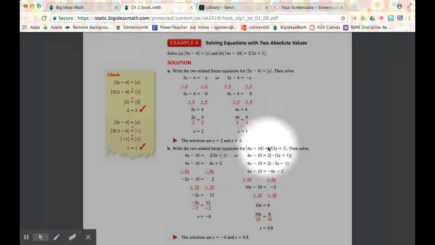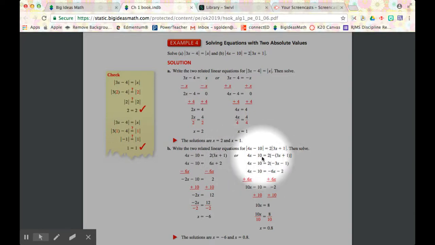The second one is the one that makes it kind of tricky because if you remember, I said on this previous problem, we multiplied everything in here times -1. So we have to multiply everything in here times -1. That 2 is not in there, so that 2 doesn't get multiplied by a negative.